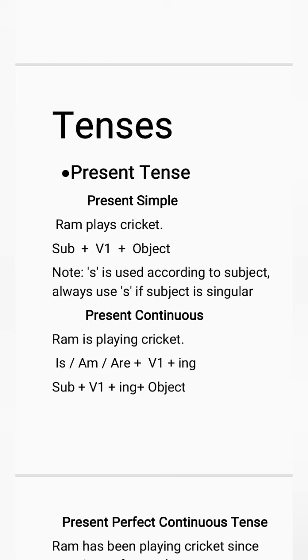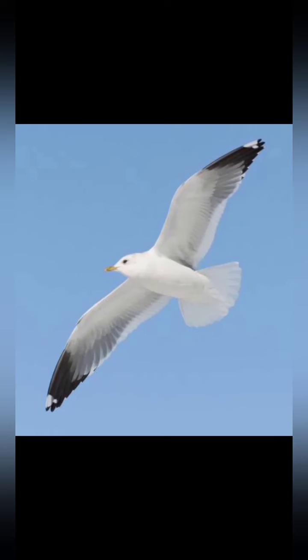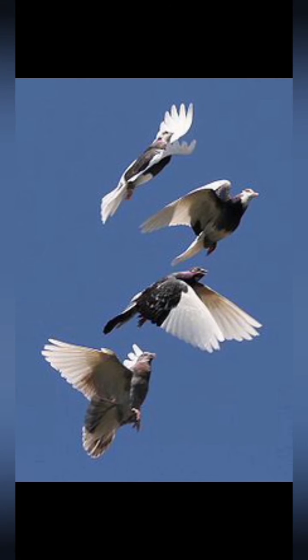Okay? For example, if it is bird, in singular, we write s to the verb. That is, the bird flies. If it is birds, we write birds fly. There is no s to the verb.